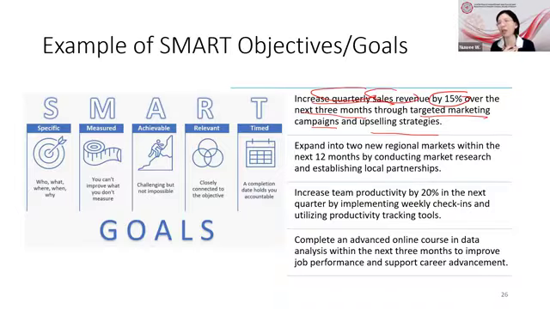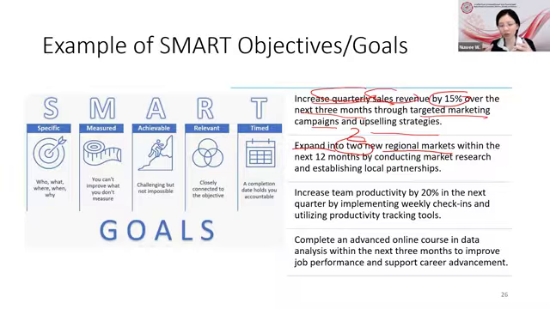Okay. If we are not in the sales department, let's say we are in the marketing department. Okay, so let's say we want to expand to two new regional markets, let's say Isan and the Northern region.